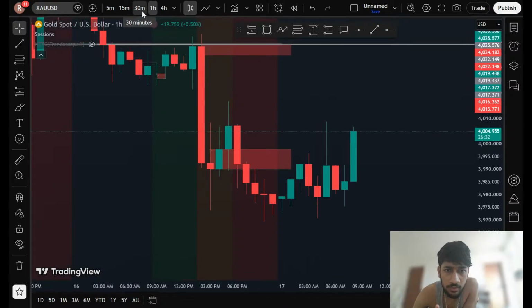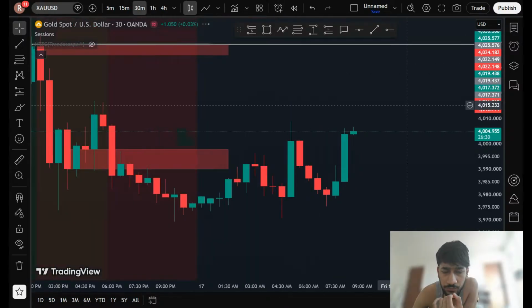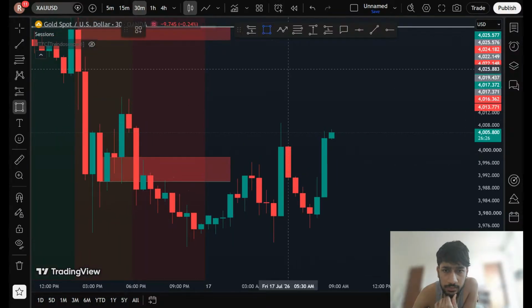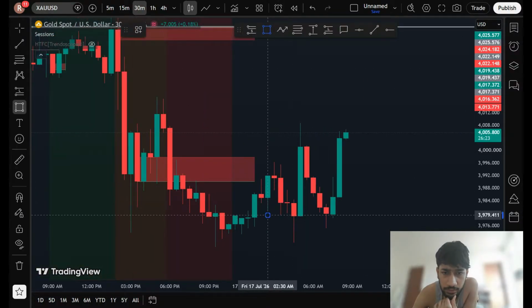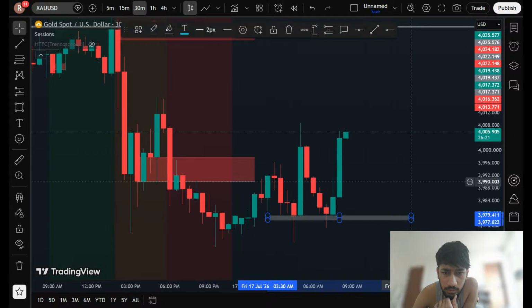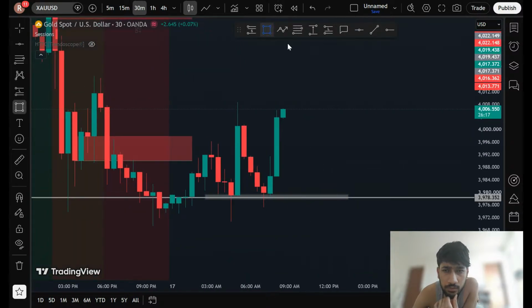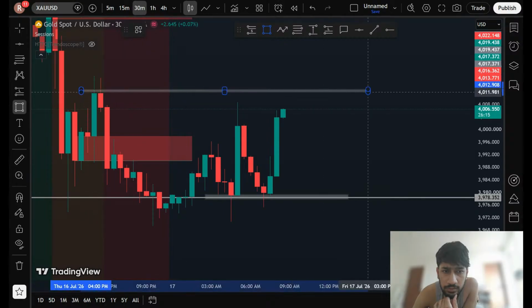Let's see what's there on 30-minute time frame. On 30-minute time frame we can see price created support, and we have some sort of resistance right over here.